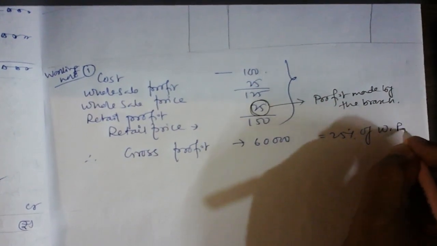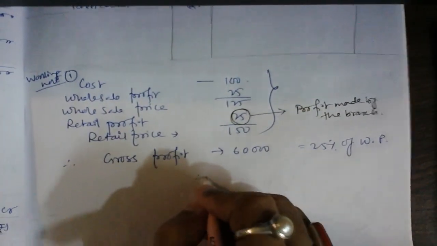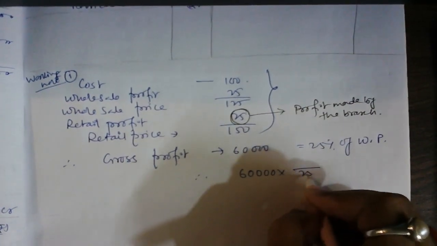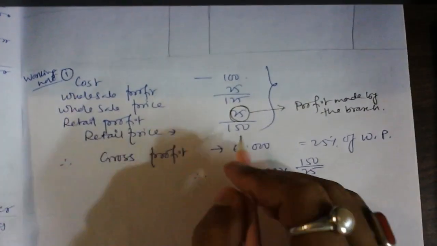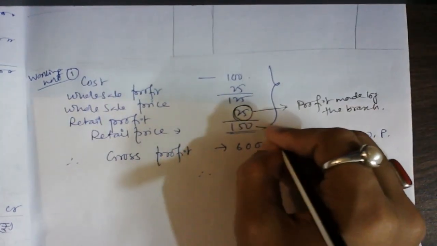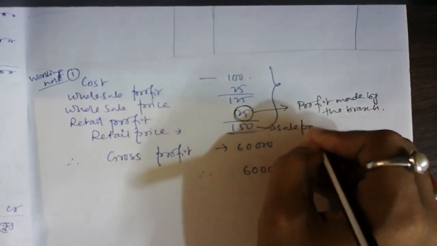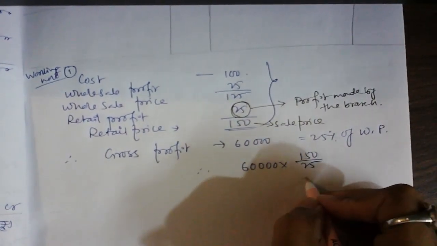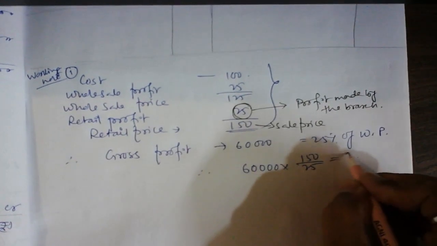So if this 60,000 is the value of 25, then what will be the value of 150? This is the retail price, the sell value. If I want to calculate the sell price, we need to divide by 25 and multiply by 150. So you are going to get 3,60,000.